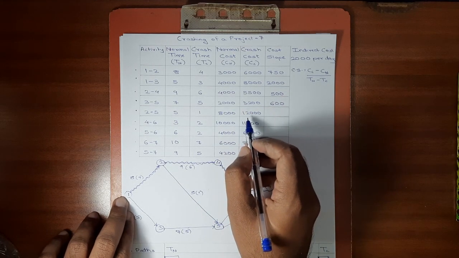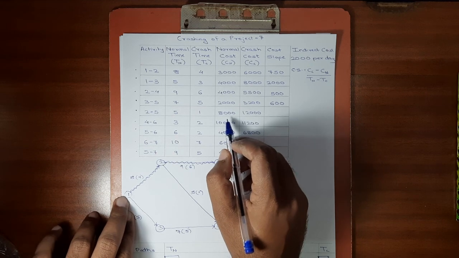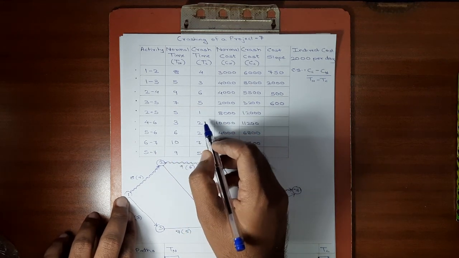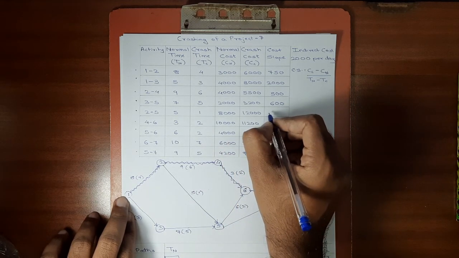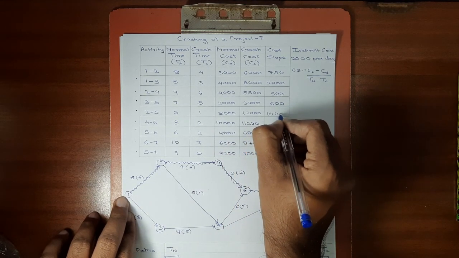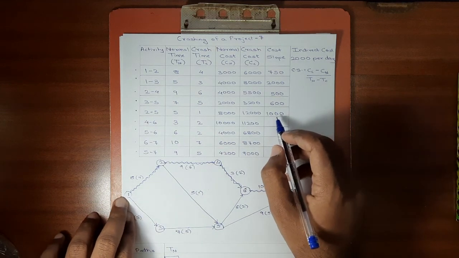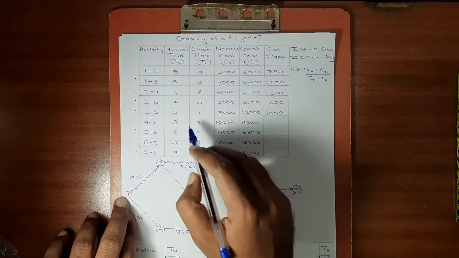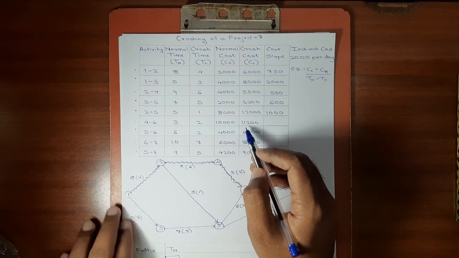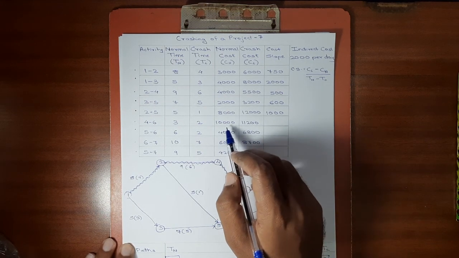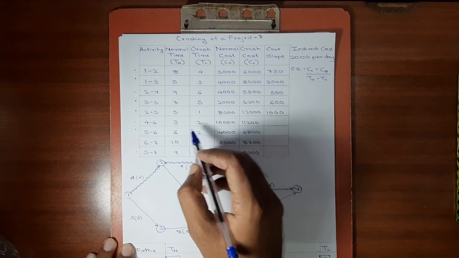For next activity, 12,000 minus 8,000, 4,000. 4,000 divided by 5 minus 1 is 4. 4,000 divided by 4, the cost slope will be 1,000. Next is 11,200 minus 10,000, which again gives 1,200. 1,200 divided by 3 minus 2 is 1.